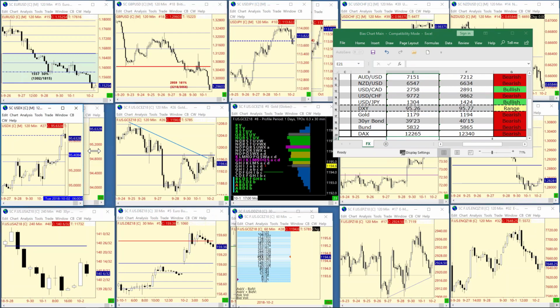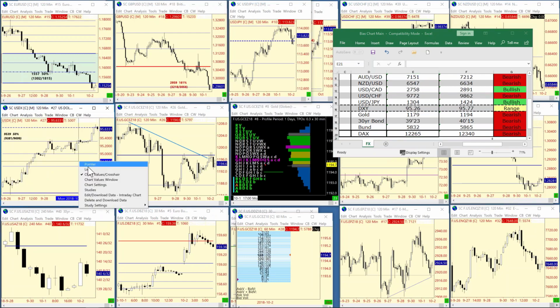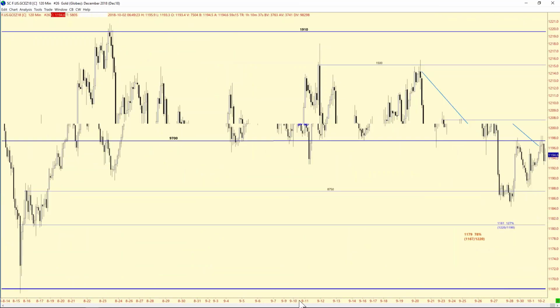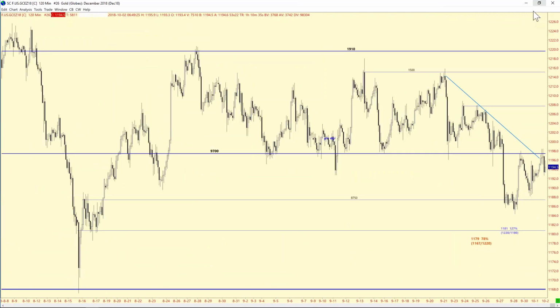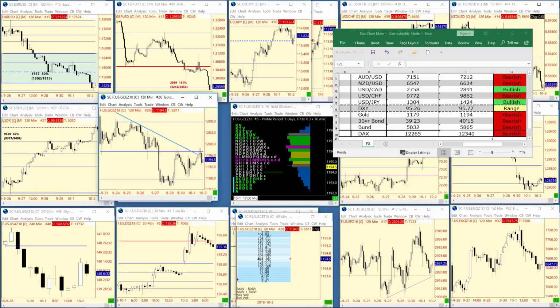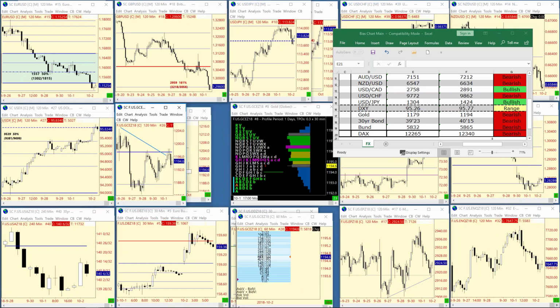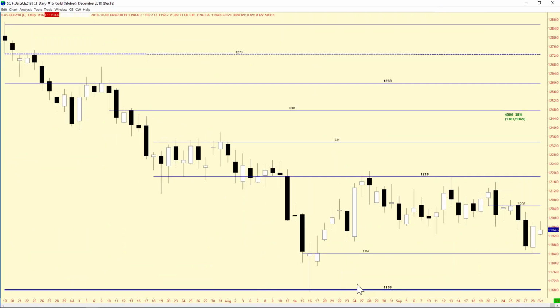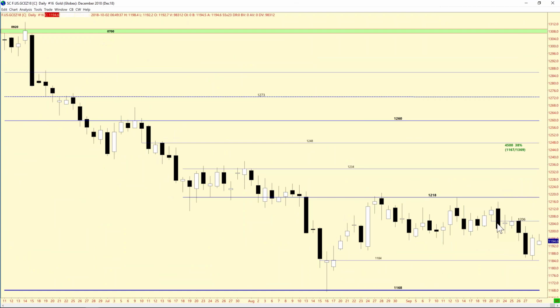And let's move into the gold market. One of the things we covered here with the gold, let's take a look at the daily. Gold is basically spinning its wheels after breaking that 1197, and we're just kind of up and down, but we had the opportunity to break out of this range.